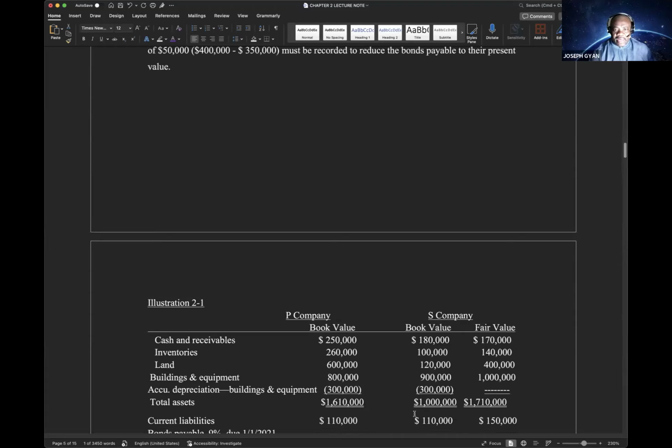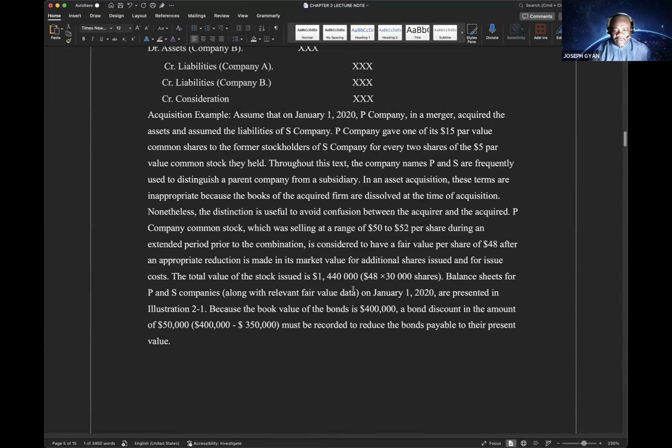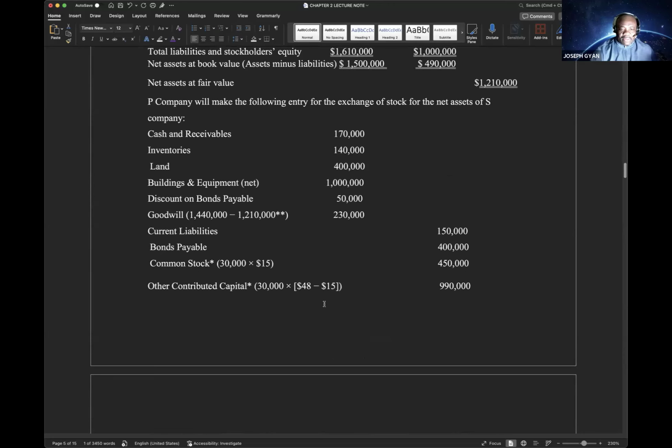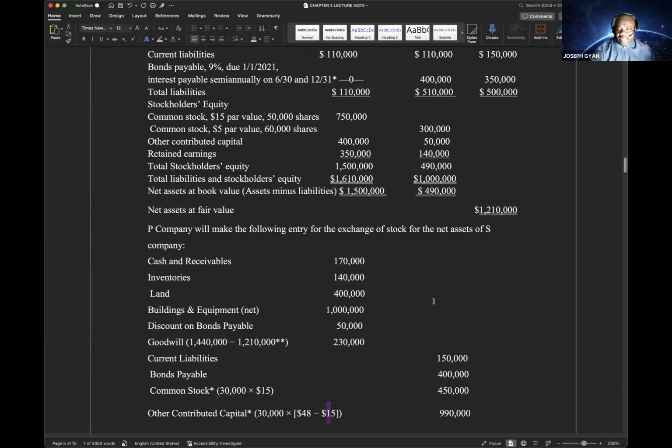But in our market, we're told that the market value of the share is $48. So the other contributed capital is going to be the 48 minus the par value of our share of 15. That gives us the 990, which is the extra money that we are receiving above the par value.